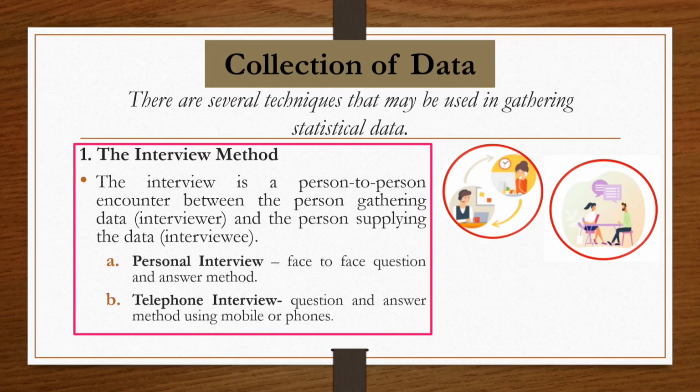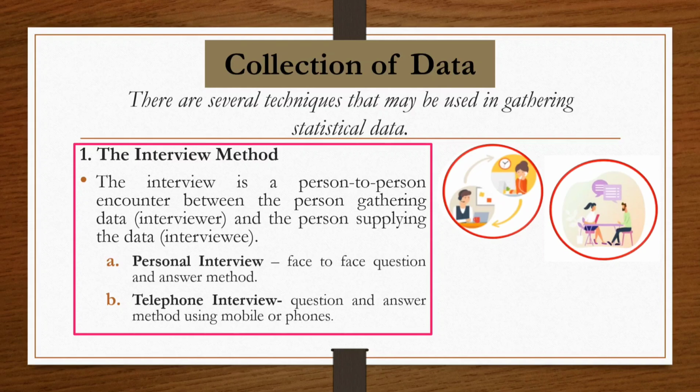So there are two types of interview method. We have the personal interview, which is a face-to-face question and answer method. Another one is the telephone interview. This question and answer method uses mobile phones or telephone. So you can see the difference between the two.